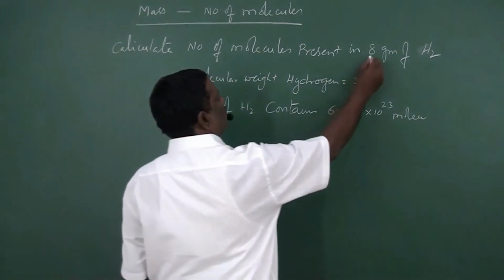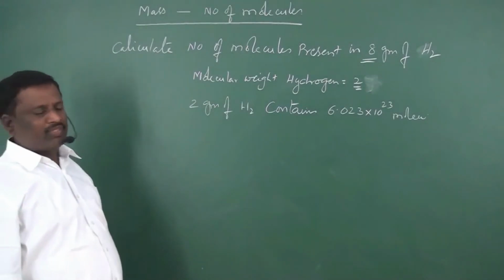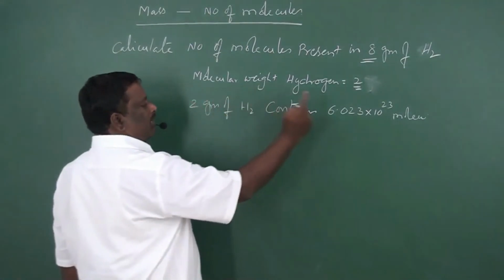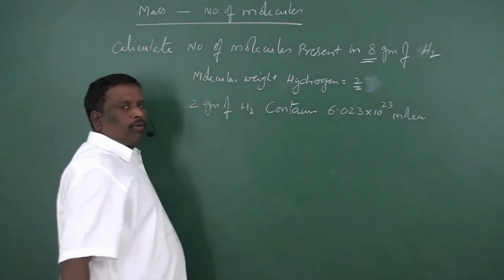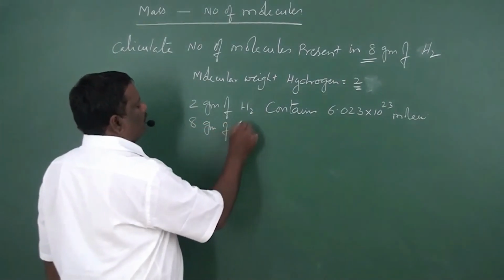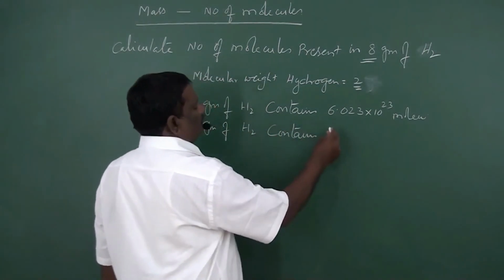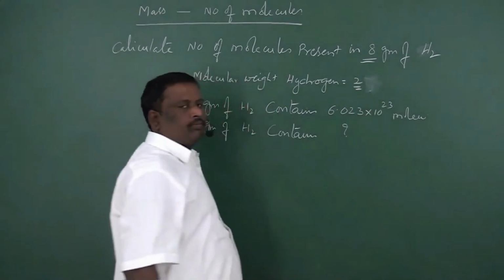Now they ask us to find the number of molecules present in 8 grams. So if 2 grams contains 6.023 into 10 to the power 23, then 8 grams of H2 contains how many molecules?